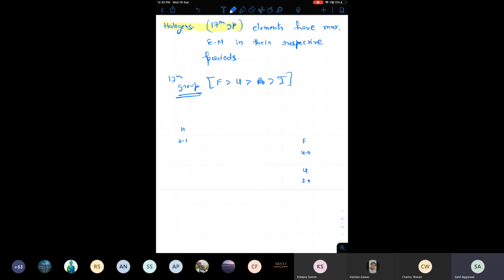Chlorine is 3.0. Bromine is 2.8. Iodine is 2.5. These numbers are not important, but you should know which elements have the same electronegativity. If the electronegativity is the same, then what will happen?